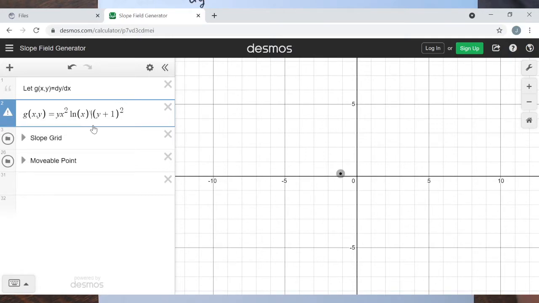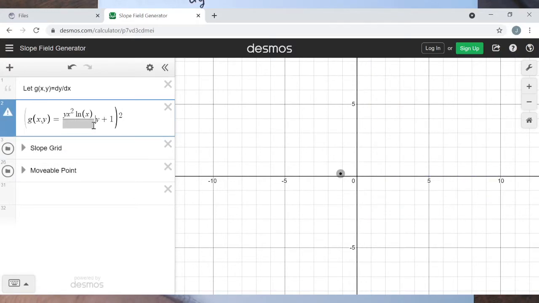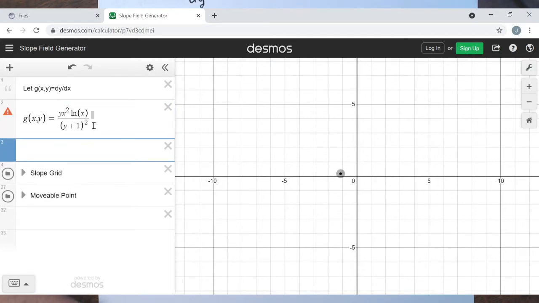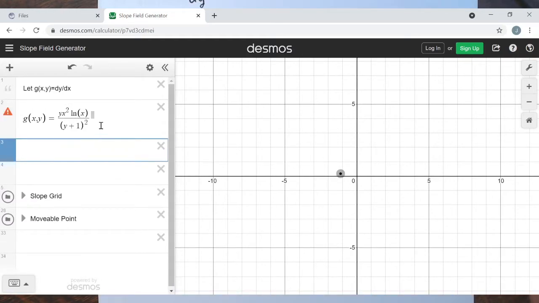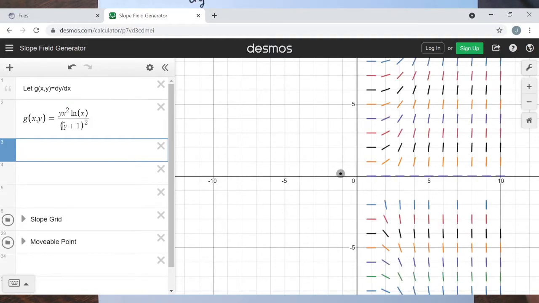Oh, I used backslash. I didn't actually divide. So let me get rid of this and type in y plus 1 squared in the denominator here. Oh come on. There we go. Now let's see, why is this so messy? I have to delete this superscript. There we go. So here's a slope field.